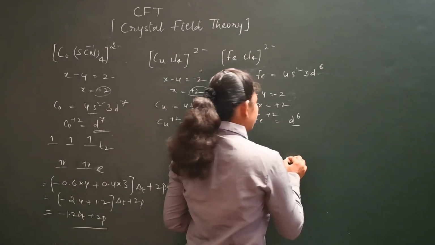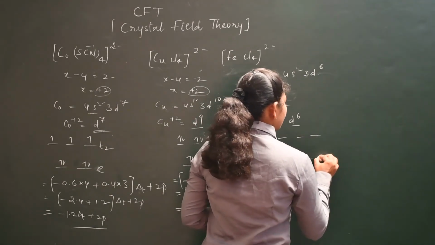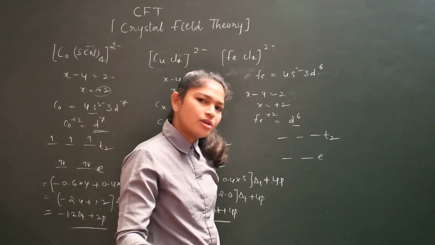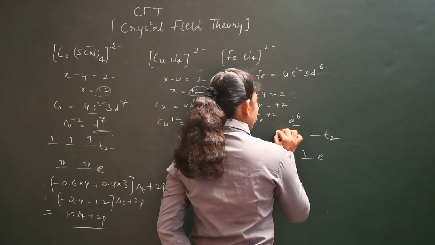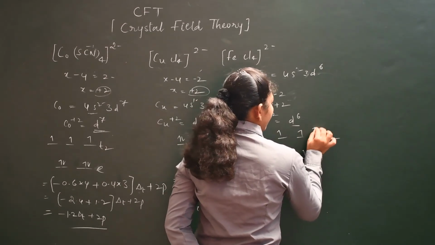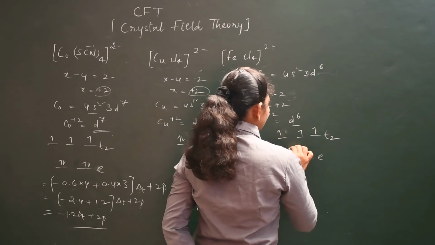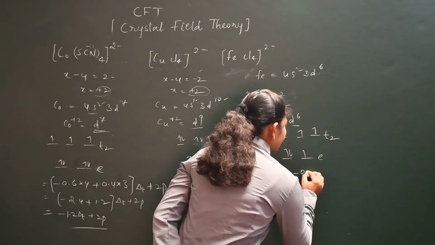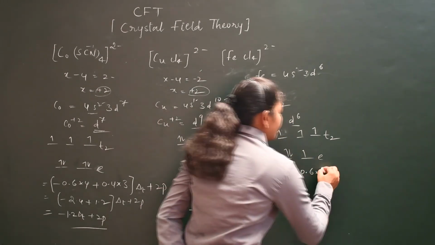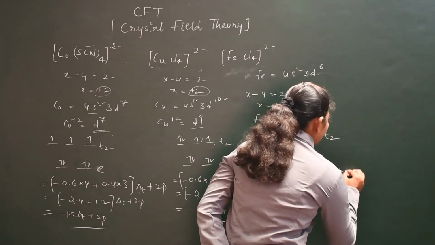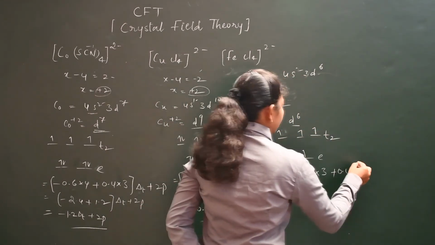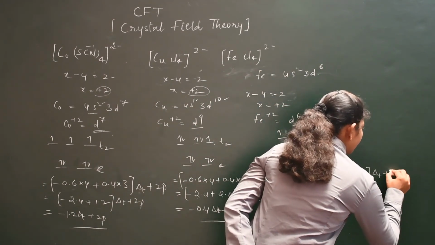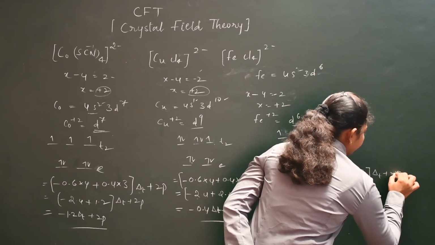Then a d6 system will come. Now fill the electrons 1, 2, 3, 4, 5, 6. This is e, this is t2. It is weak field only. First one electron you fill up in each orbital, 1, 2, 3, 4, 5, then 6. Now minus 0.6 into how many electrons are there? 3, plus 0.4 into, here also 3 electrons we have, into delta T plus mP.